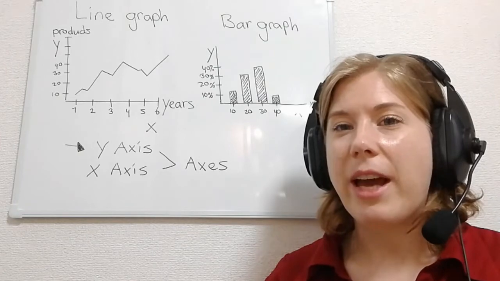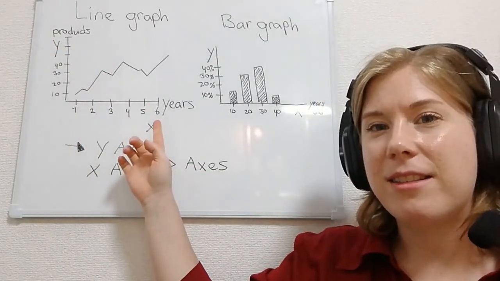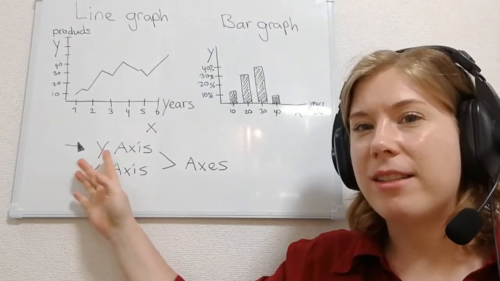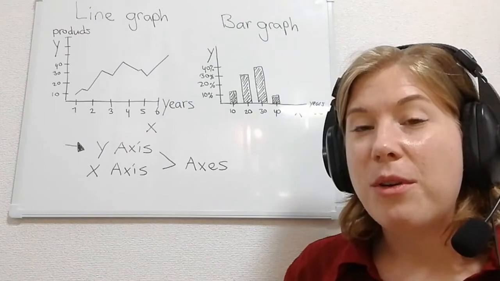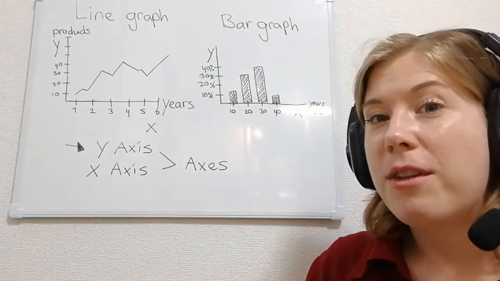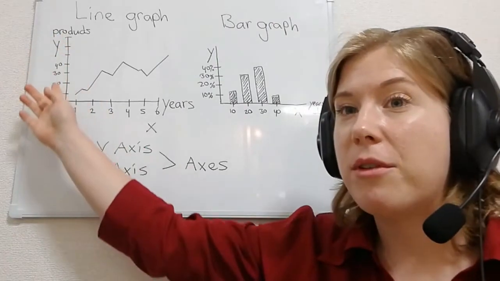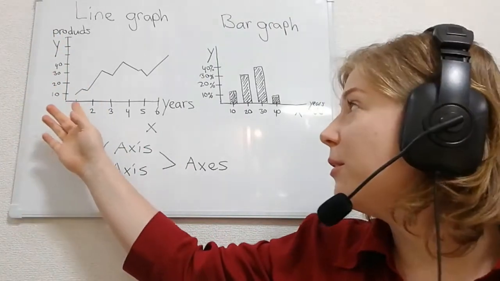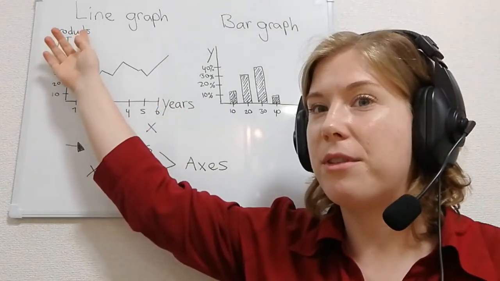Graphs usually have a y and an x-axis. So a y-axis and an x-axis. These show different values, so things that you can measure. So for example, in this case, the amount of products sold over years, so time and amount.